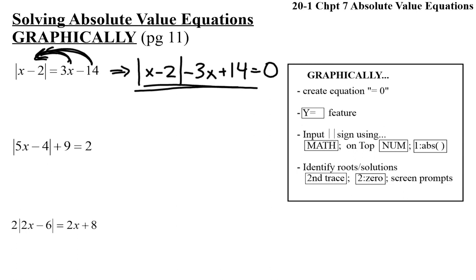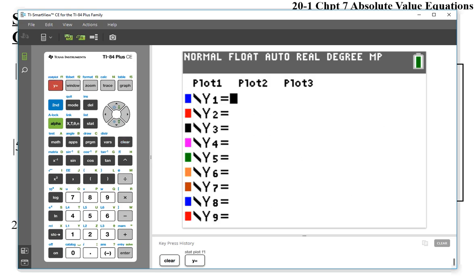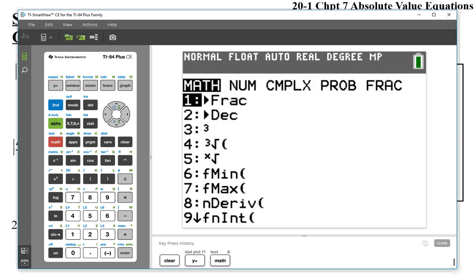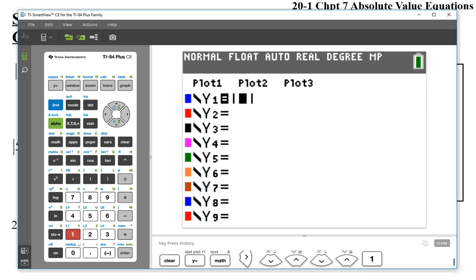So here we go on our calculators. Y equals, what are we inputting? We're going to math, and along the top, we're going to scroll over so NUM is highlighted. Choose number 1, whether you go down to it with the scroll or hit number 1 on the keypad.